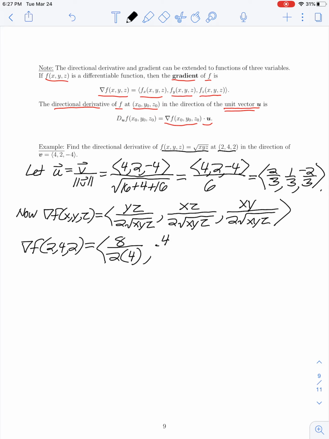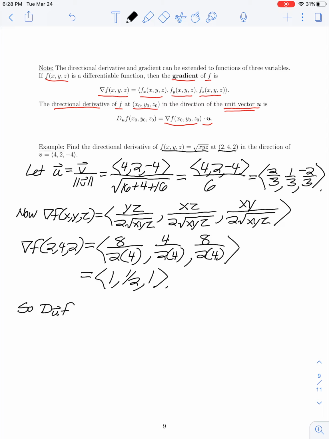For our second component, our numerator is xz, which is 4, divided by, again, 2 times the square root of 4, or square root of 16, which is 4. And then for our last component, we have x times y, which is 8 over 2 times 4. So we're left with the vector 1, 1/2, 1.